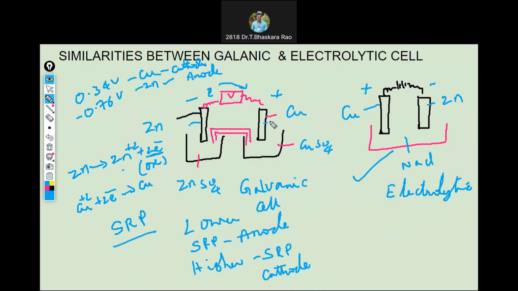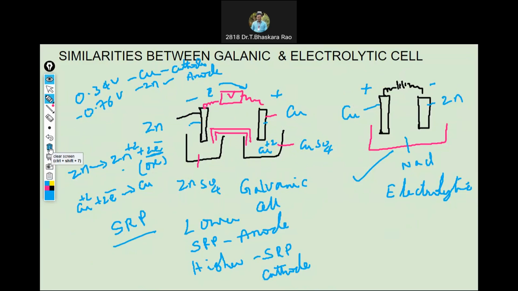Reduction reaction takes place at the copper, and oxidation at the zinc because it loses electrons. The copper plus 2 ions present in the electrolyte will be reduced to copper metal.